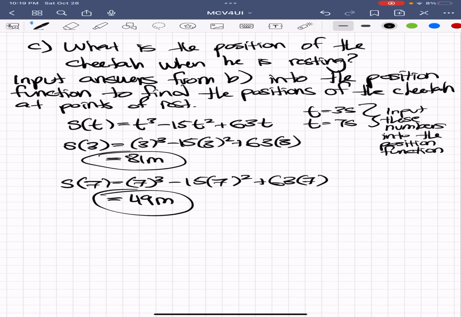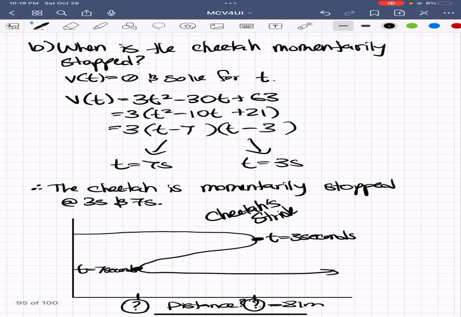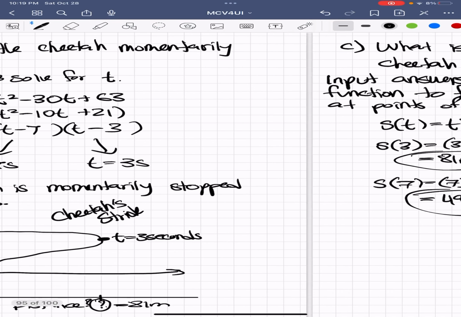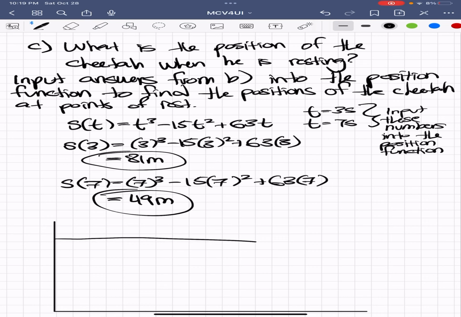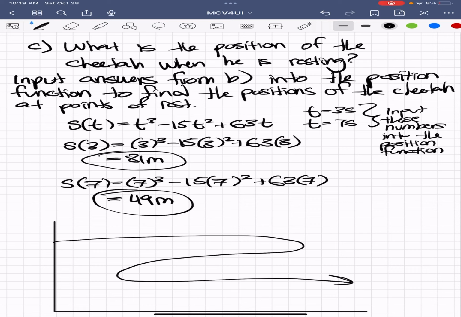And then we'll do another diagram. So we have this distance and this distance.